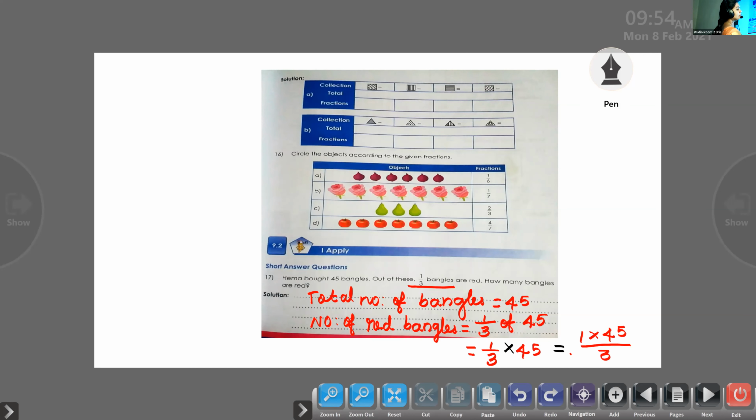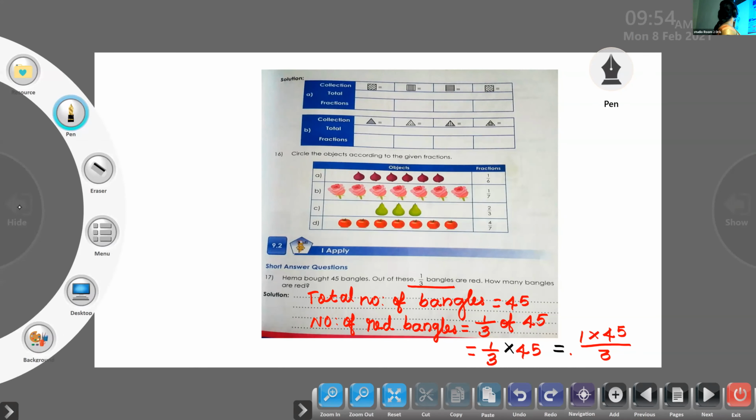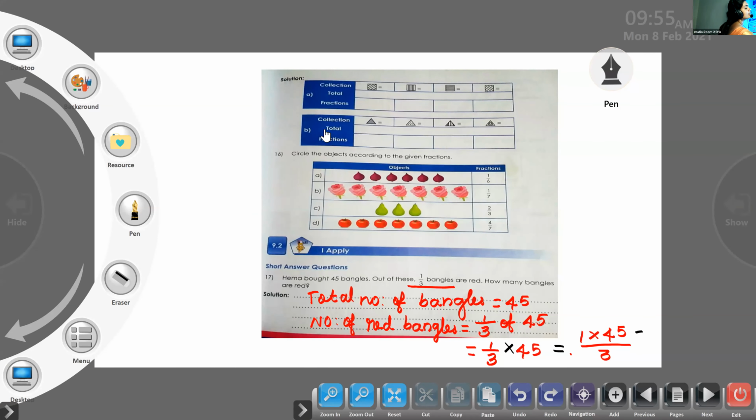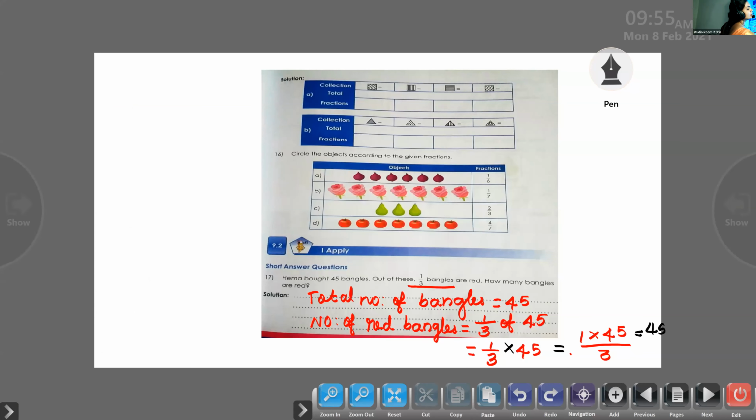That means we have multiplied the numerator and the number. 1 into 45 is equal to 45. 45 divided by 3. That means you have to divide 45 by 3.